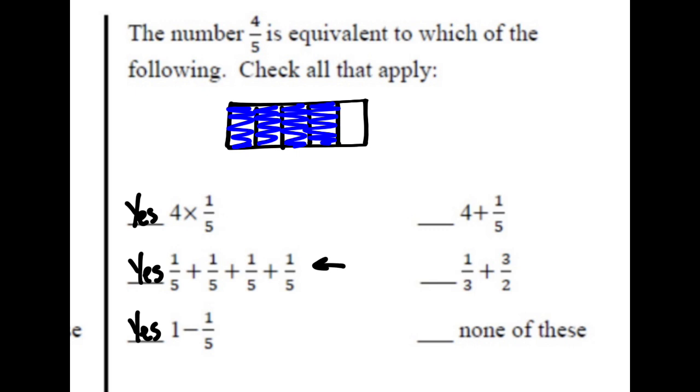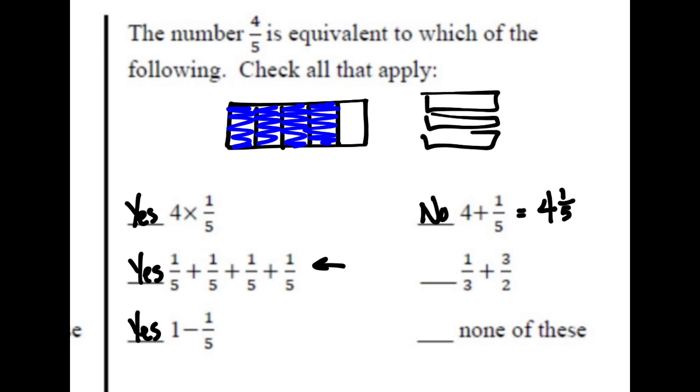Okay, top of the next column. For add 1/5. This would be like 4 entire rectangles, great big ones, and then 1/5 of another one. So that is not what we're talking about. Okay, that would have 4 entire rectangles. Pretend these are rectangles.